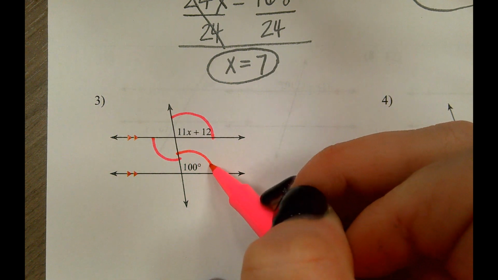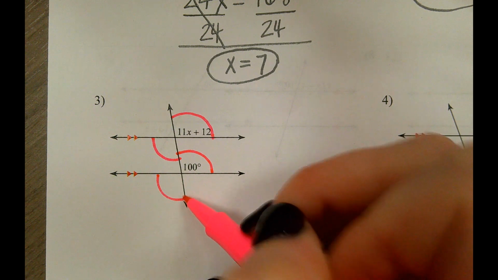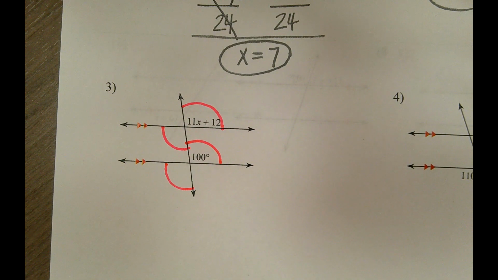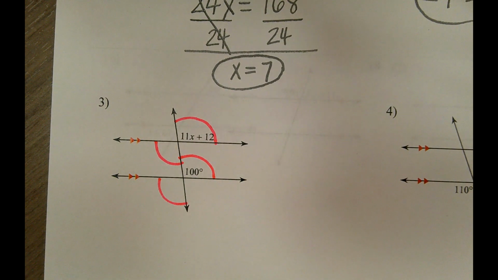So, you see that? So are these going to be equal or add up to 180? They're going to be equal. And this will get easier to identify the more practice we do. But for now, they are equal.